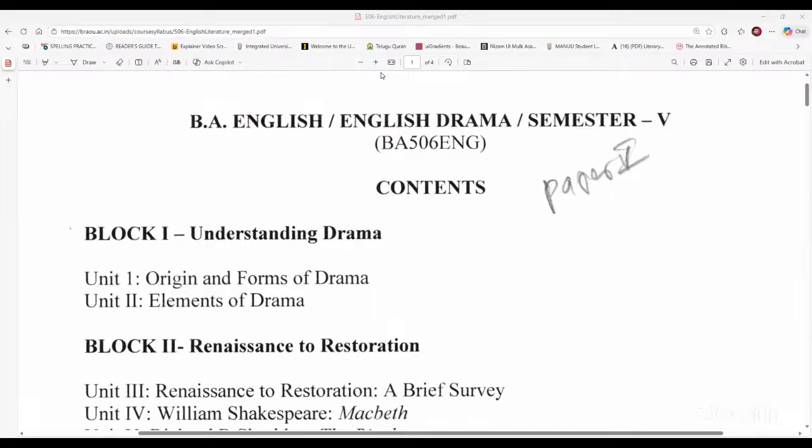And Aristotle considered the plot the most important element of drama. Now within plot there are some sub-elements, that is exposition, rising action, climax, falling action, resolution, or denouement, the conclusion.